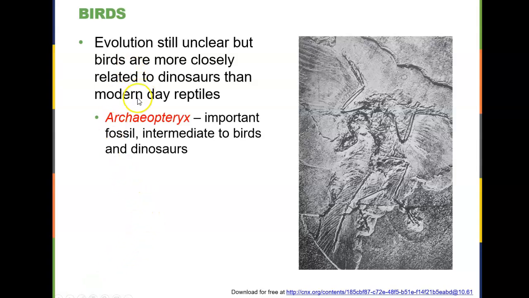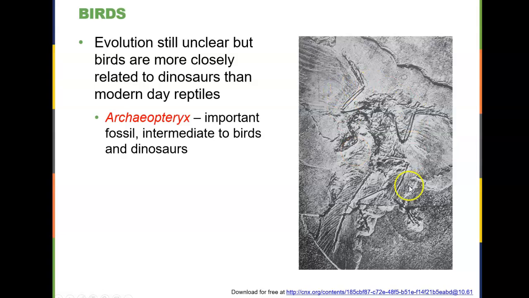Now, as you've probably heard, it's believed that the evolution of birds is closely related to ancestors that were dinosaurs, more modern day reptiles. So we're still not completely clear, but the discovery of Archaeopteryx was an important fossil.